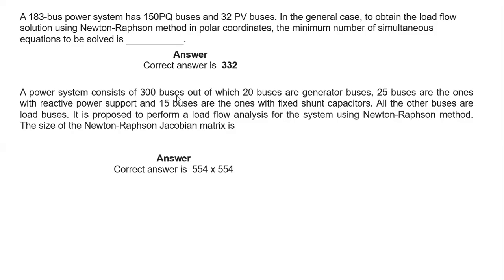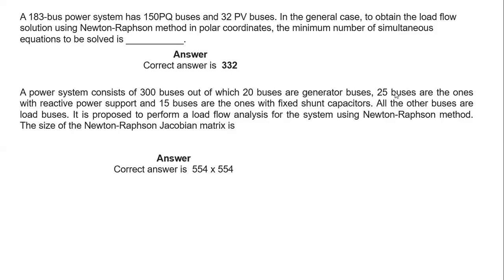Okay, now you see, out of 300 buses, 20 buses are generator buses, right? Out of 20 generator buses, one bus is taken as the slack bus, because as I said, the slack bus means a generator bus only. So out of 20 generator buses, 20 minus 1, because 1 is the slack bus, the remaining generator buses are 19.